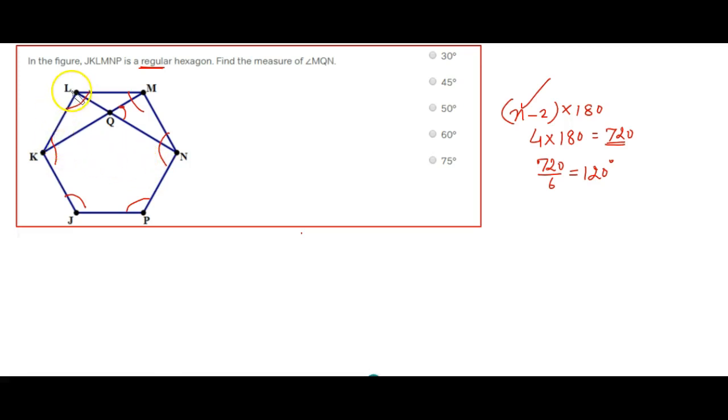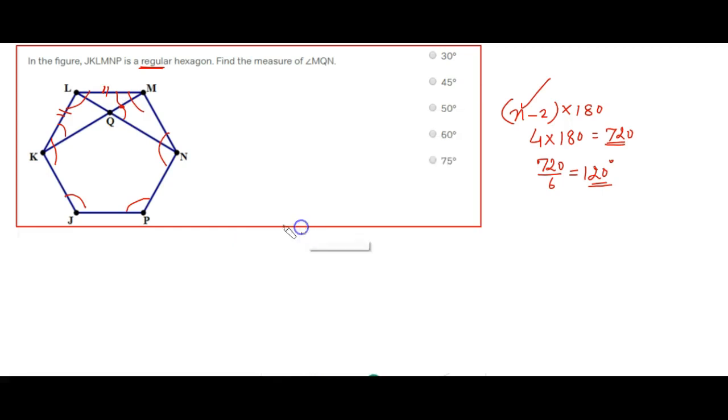Now let us take a look at triangle KLM. In KLM, angle L is 120 as explained just now. And since these two sides are equal, can we say KLM is an isosceles triangle? And as we know, in an isosceles triangle, the base angles will be equal.